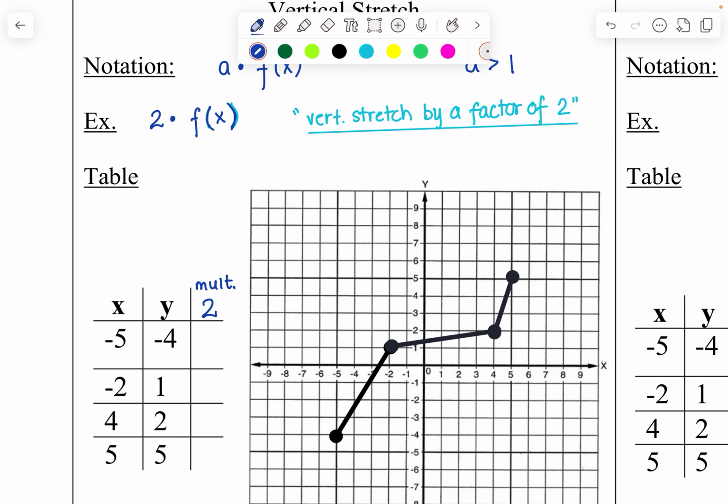This is 2 times a negative 4, which is negative 8. Here we go, negative 8, positive 2, positive 4, and positive 10. So keep in mind, we're just multiplying our y values to get these values.